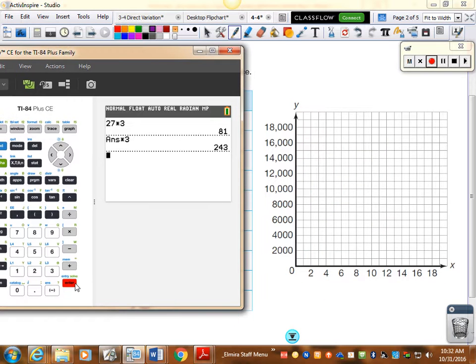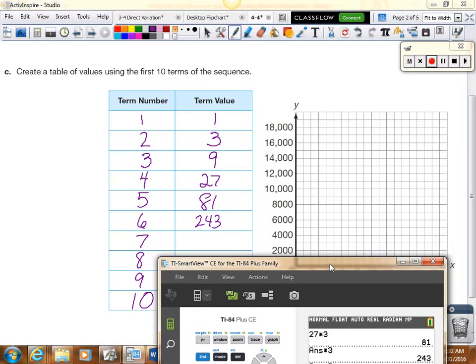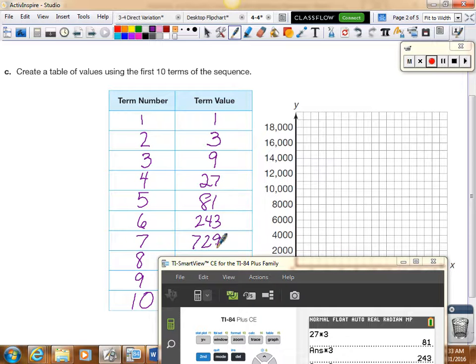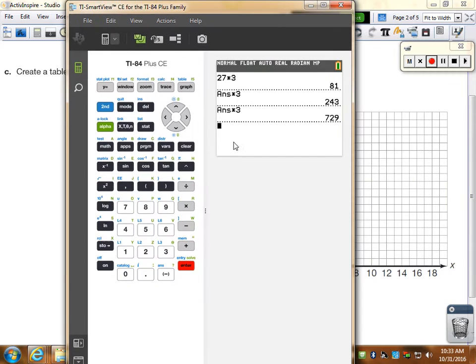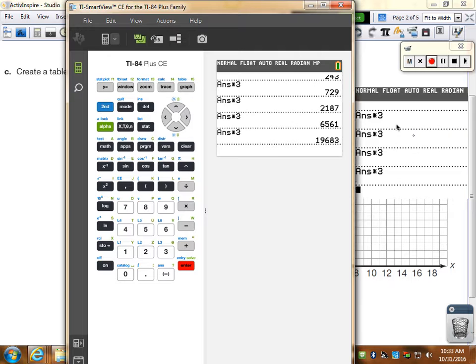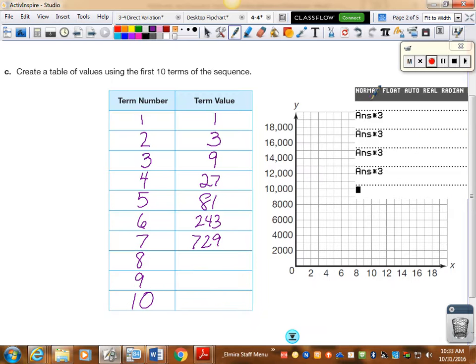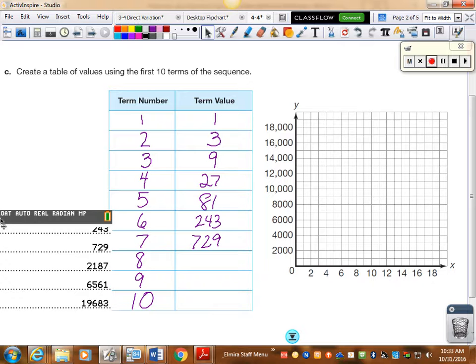Now if I hit enter, it does the times 3 again for me, 729. In fact, I could hit enter, what we need, 3 more values. Okay, 1, 2, 3. And we've got the next 3 values done. I just got to copy them in.